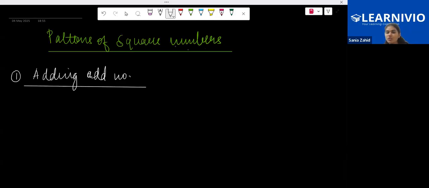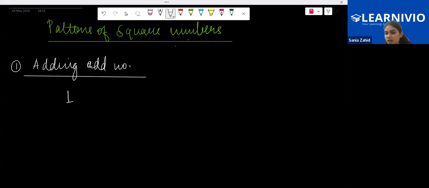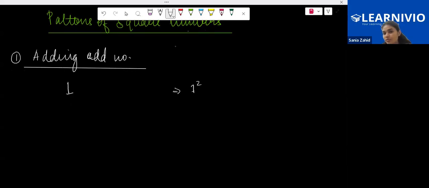Let's suppose, what is the first odd number? 1. First odd is 1. And what is the second odd number? 3. So the first number is 1 only, and 1 can be expressed as the square of 1 itself. When I add 1 plus the second odd number, it is equal to what? 4. So 4 can be expressed as the square of 2. So 2 square is 4.